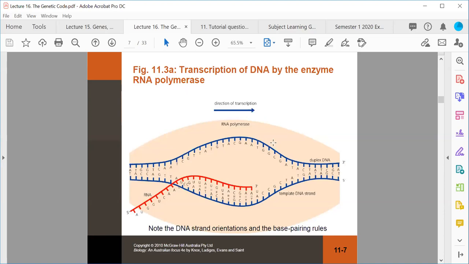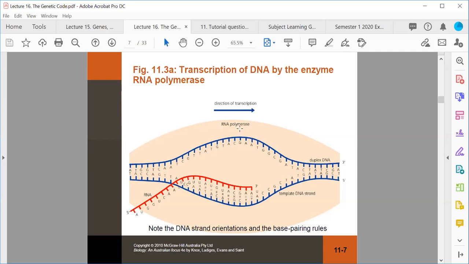We've got 2 strands of DNA in blue, referred to here as duplex DNA. So just like in DNA replication, those 2 strands of DNA have to be separated from each other in order for an enzyme to actually be able to access the DNA and catalyse that process.